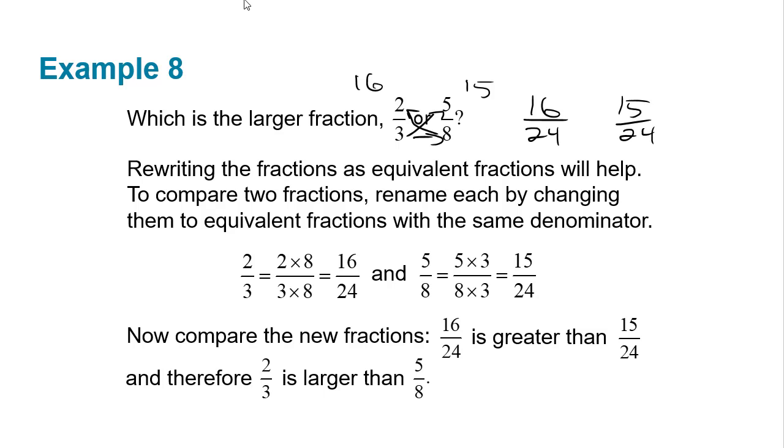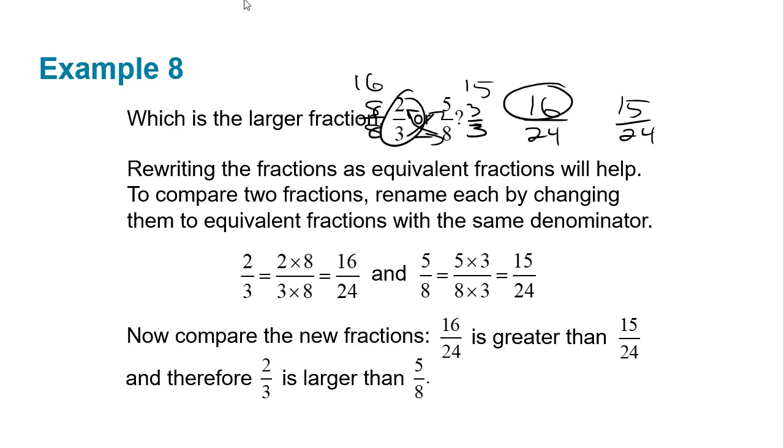Because in essence, we've multiplied this fraction, top and bottom, by 8, and this fraction, top and bottom, by 3. Remember, we can multiply a fraction by any version of 1, and we haven't changed its size. 3 over 3 is 1, 8 over 8 is 1. But by doing this, we've put them both over the denominator of 24, and now we can see very clearly that 16 is bigger, so 2/3 is bigger.